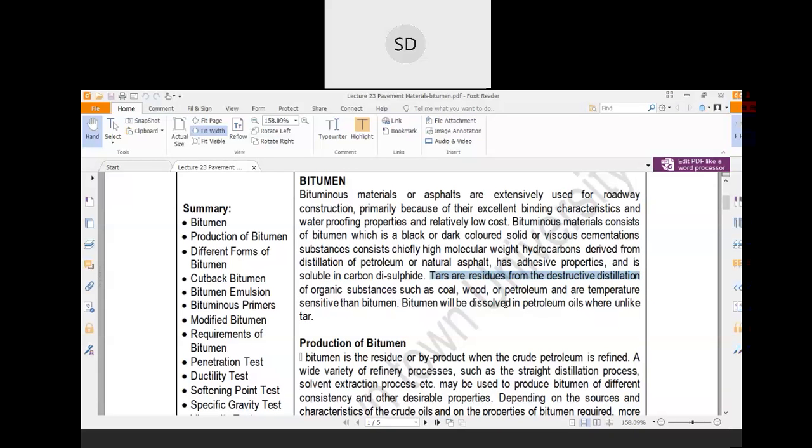So bitumen will be dissolved in the petroleum oils, where tars will not be dissolved. It is soluble only in carbon disulfide. So basically these are the differences between tars and bitumens, where bitumen is the byproduct of petroleum or crude oil, where the tars originate from destructive distillation of organic material like wood, coal, or petroleum.